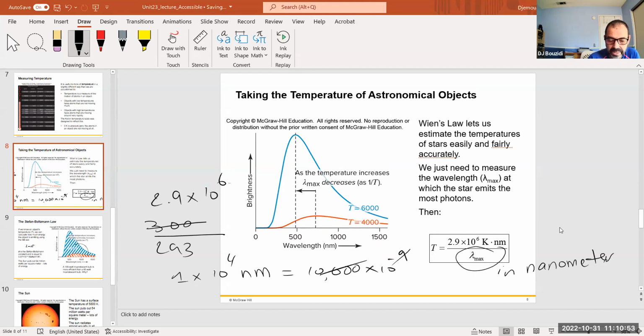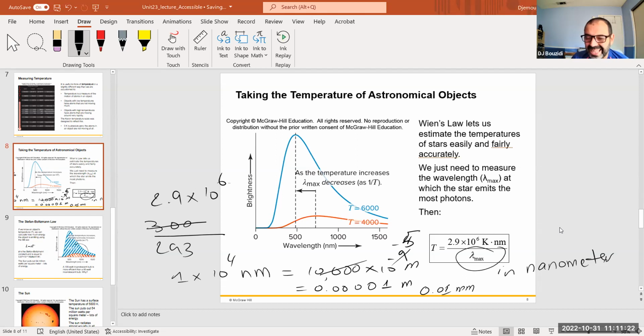Obviously, 10 to the negative 9 cancels this fourth digit, so I'm going to be left with 10 to the negative 5, actually. 10 to the negative 5 is 0.00001 meter, okay? So that's how long the wavelength is. Or if you wish, cancel another 10 to the negative 5, or about 100th of a millimeter.